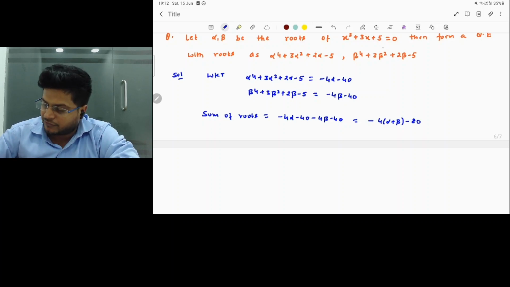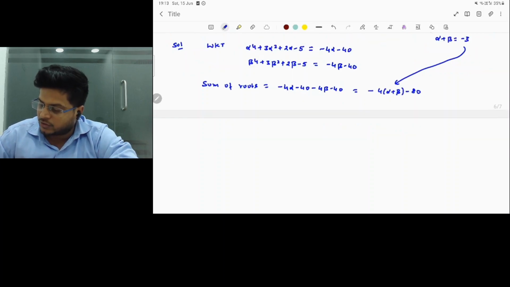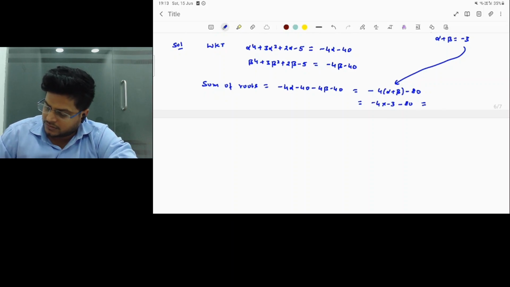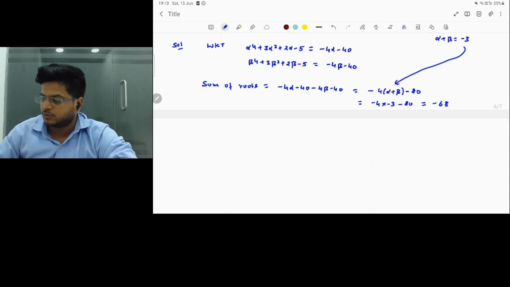What is alpha plus beta from this equation? We know that alpha plus beta is minus 3. So this minus 3 we can feed here. We'll be getting 12 and minus 80. So minus 4 into minus 3 minus 80 will give us 12 minus 80, which is minus 68.